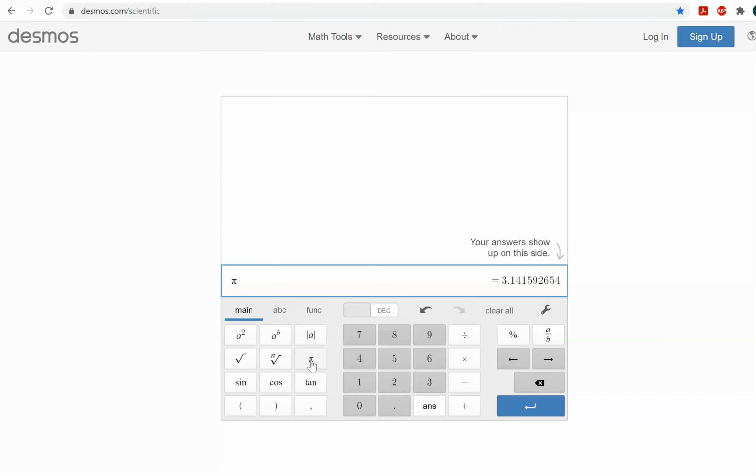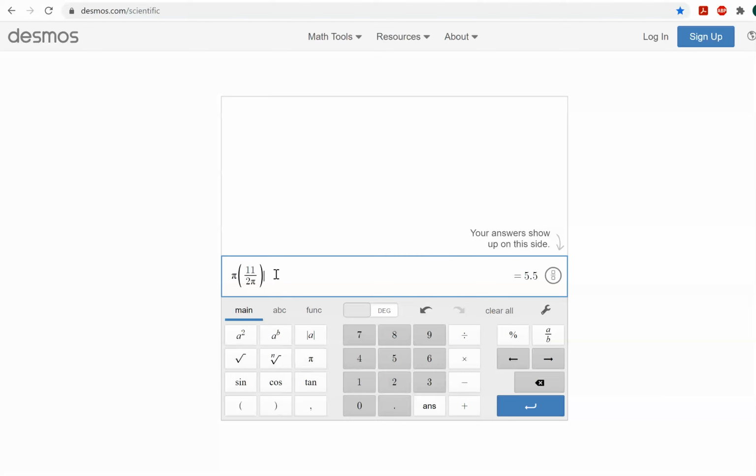I'm going to have parentheses and 11 divided by 2 pi. And then I'm going to close those parentheses. So you can just click to the right-hand side, or you can click the right arrow on your keyboard. I want to close parentheses and give that an exponent of 2. And then I want to multiply that all with 8.5.